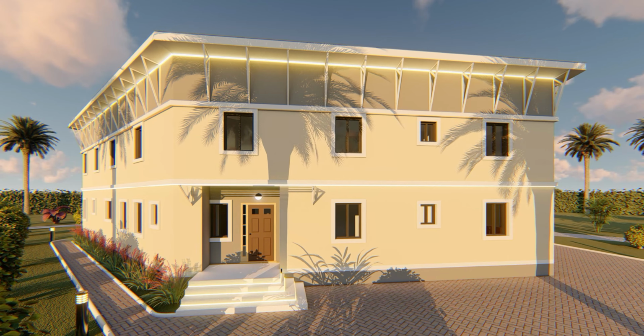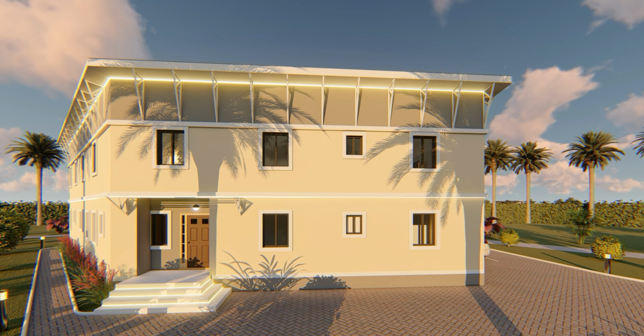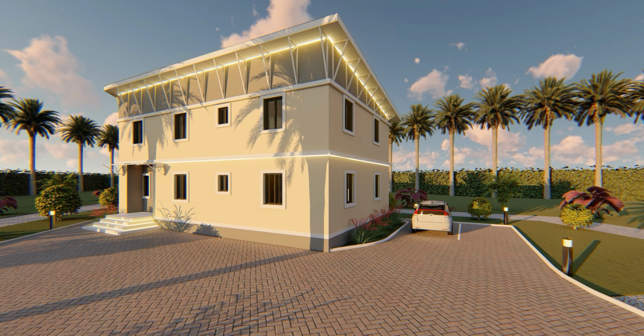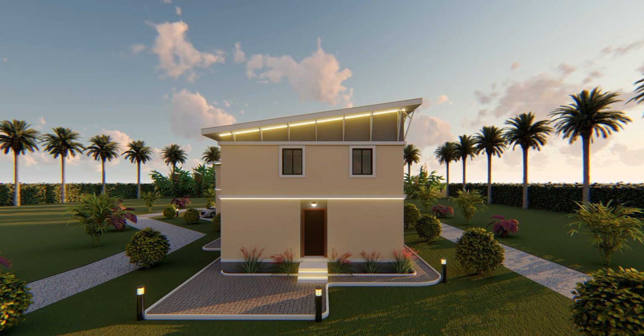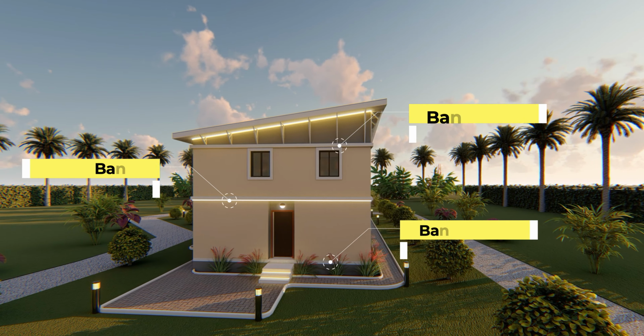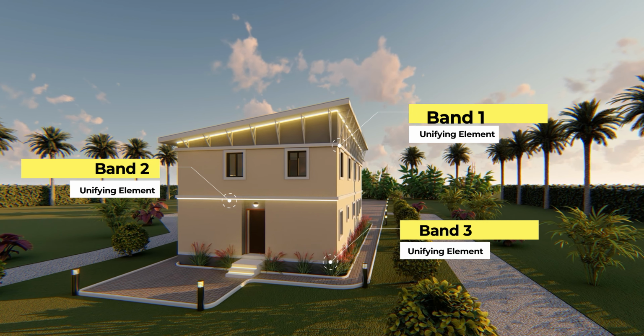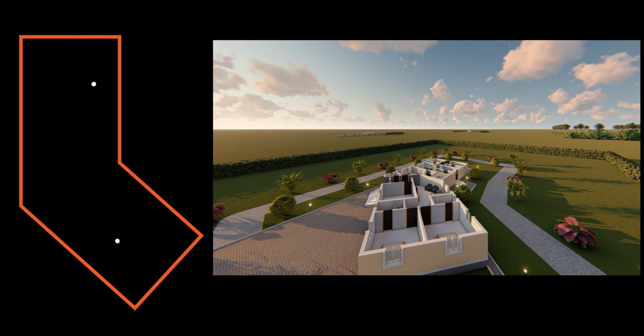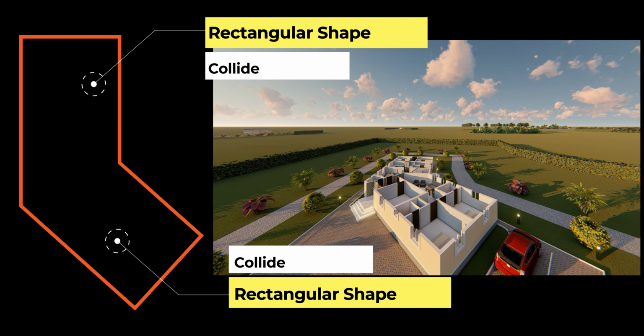So I want to talk about the special building characteristics or the special building elements here. We have 2 special building elements. The first one is the bands, or the horizontal bands. The bands are unifying elements of this building. Remember that the shape of our building follows the profile of the site.